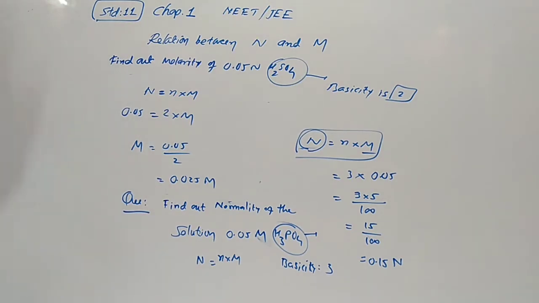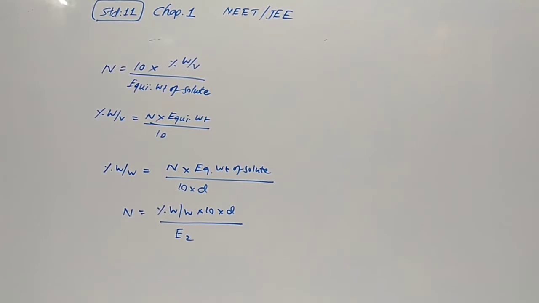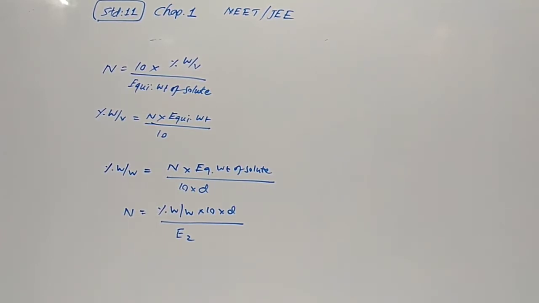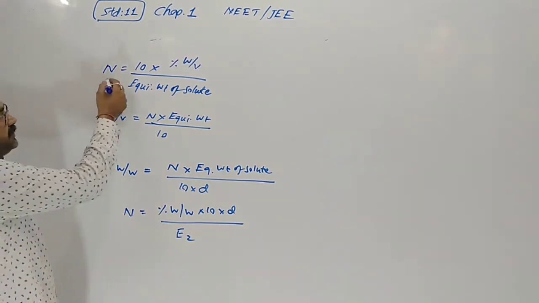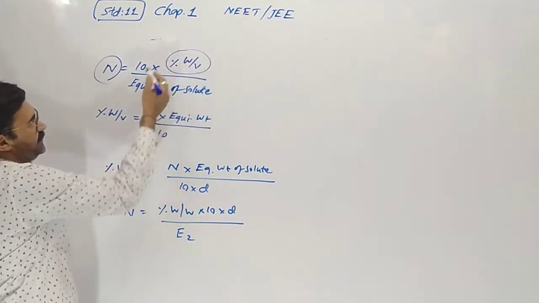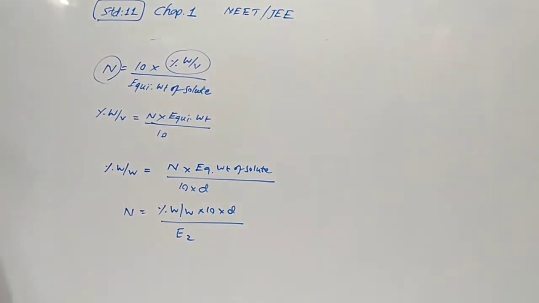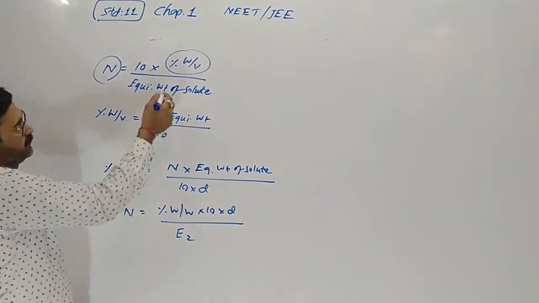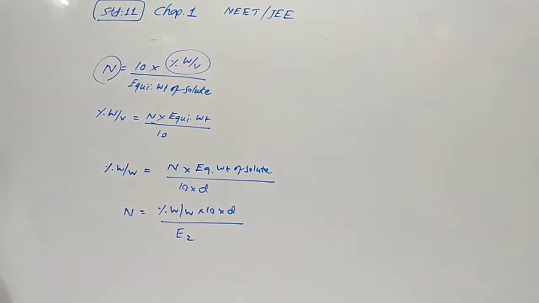Now we are going to discuss some other relations. Another formula of normality: a relation between normality and percentage weight by volume. Whenever percentage weight by volume is given, we can find the normality.